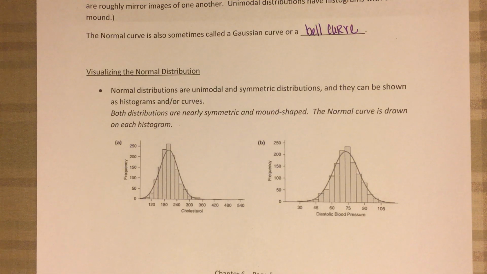These two histograms at the bottom are not perfectly symmetric, but they're close enough. The idea with using the word model is that it may not be absolutely 100% perfect, but it's good enough to give us a pretty good idea. In both of these histograms, we're unimodal, we're symmetric, and we are bell-shaped. We talked a lot about this before when we were finding z-scores and talking about our empirical rule, which is going to be a big part of this chapter as well.